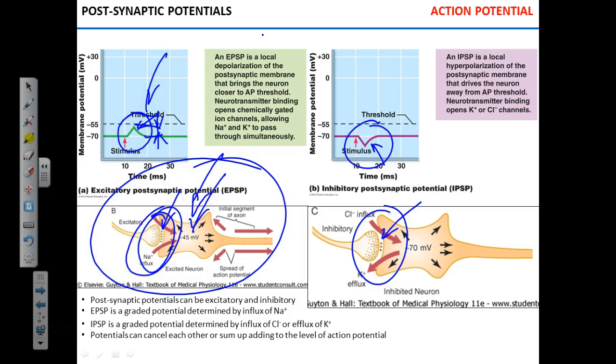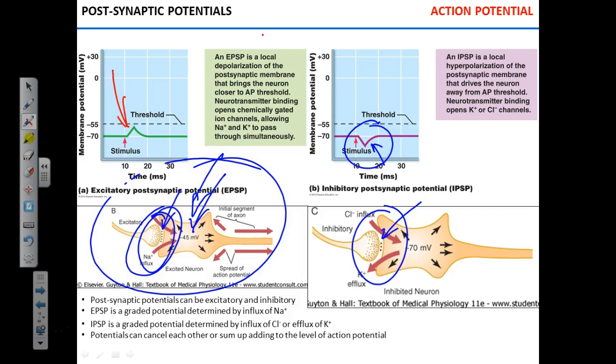Graded potential. On this exact graph, the change in the membrane potential did not reach the threshold. Does that make sense? Good.